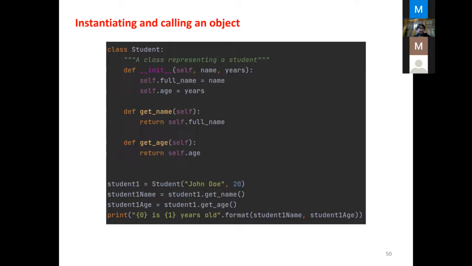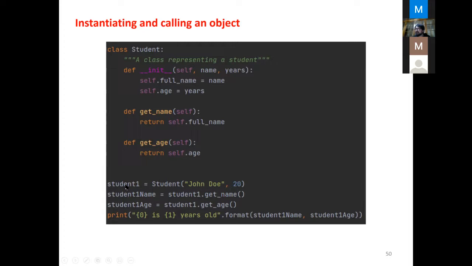Here we see how to instantiate and call an object. On top, we have our class definition that I just showed you, and below we are creating an object of the class student.